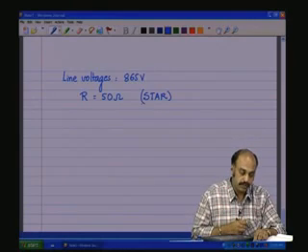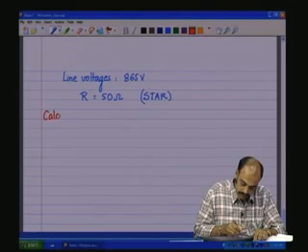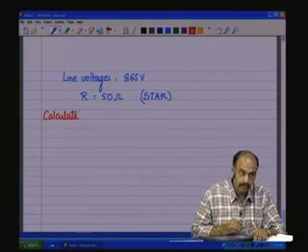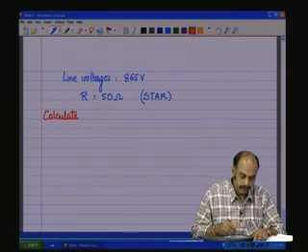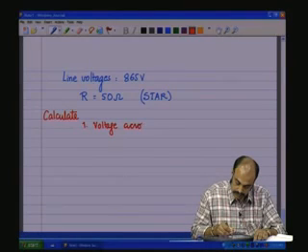Let us calculate, first, the voltage across each resistor.